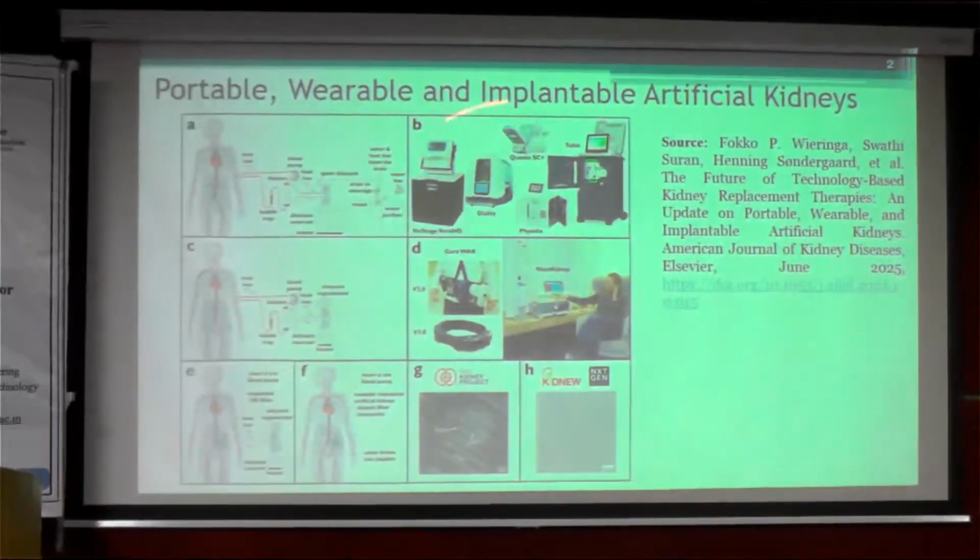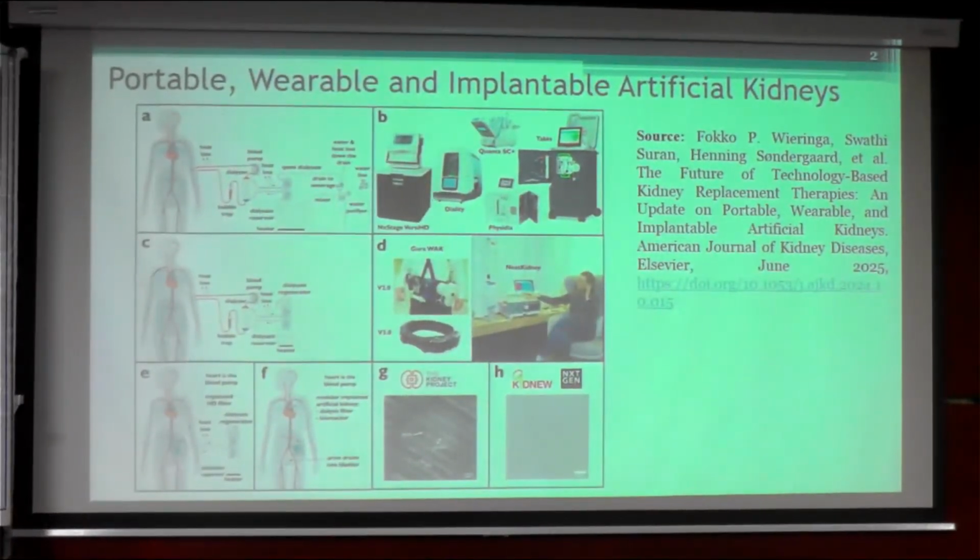And the second generation of portable devices was a miniaturized version of the first generation. They weighed about 1.5 to 3 kilograms, so it's an even smaller version of the portable dialysis machines.